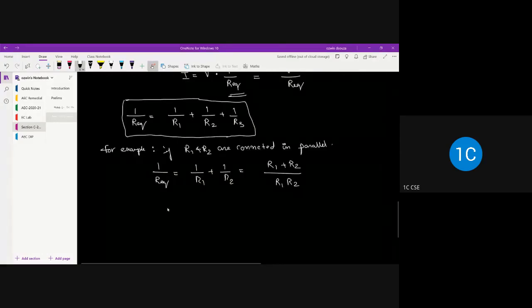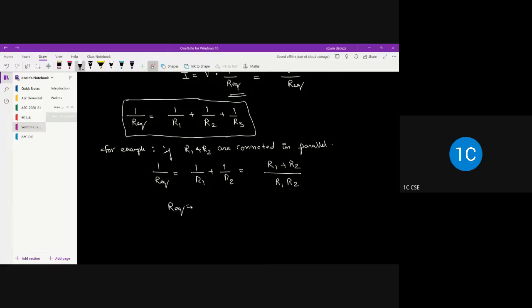And if you take the reciprocal, you would get R equivalent, which is R1 into R2 divided by R1 plus R2. So this is for two resistances connected in parallel.